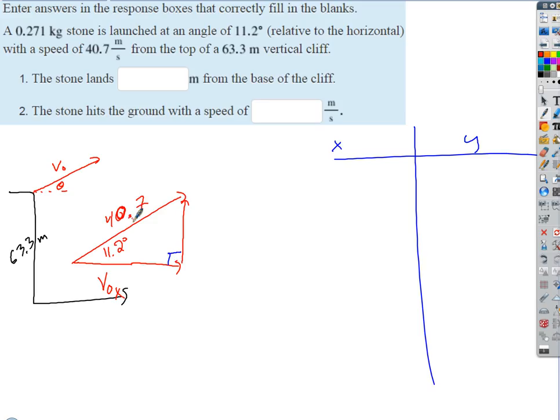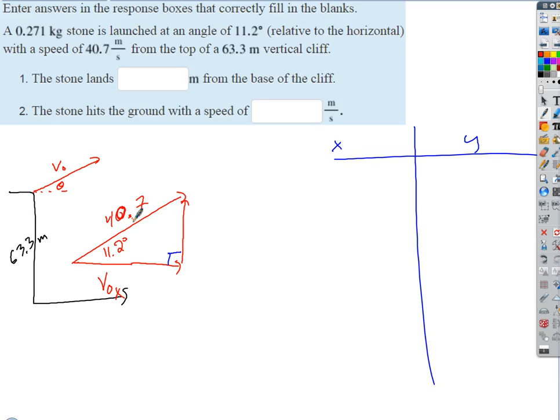Why is the vector opposite to the 11.2 degrees? Why does that vector go up instead of down? Because the initial velocity is inclined up at an angle of 11.2 degrees. I understand why the 40.7 is going up, but the one next to it is just going straight up and down.